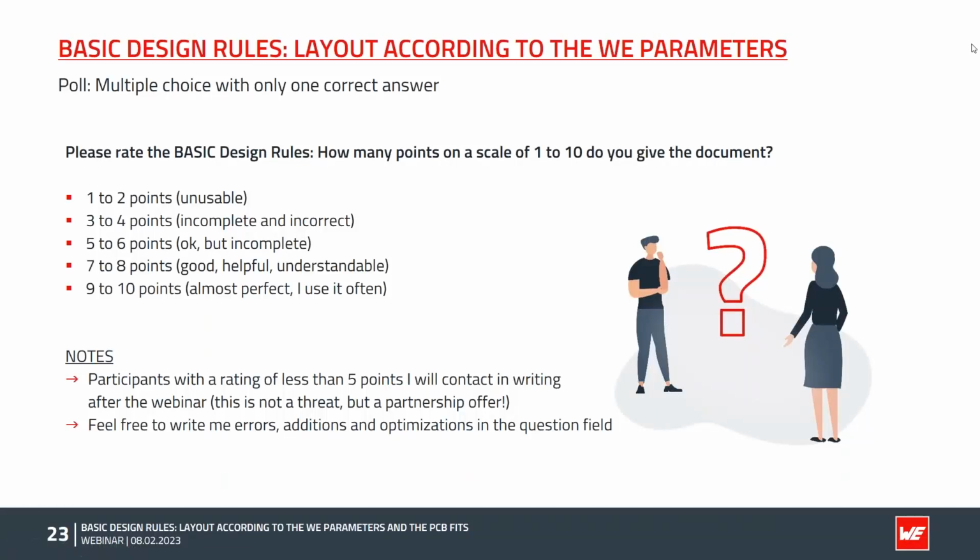So let's have another poll. Now, after you have learned about the new basic design rules, I want to ask you to make a decision: how many points on a scale of 1 to 10 do you give the new document? 1 or 2 points would mean, in my eyes, it's totally unusable. 3 to 4 points, maybe incomplete and incorrect, which would not be nice, but okay. 5 to 6 points means the document is quite okay, but maybe incomplete. 7 to 8 points, maybe good, helpful, understandable, and 9 to 10 points, almost perfect.